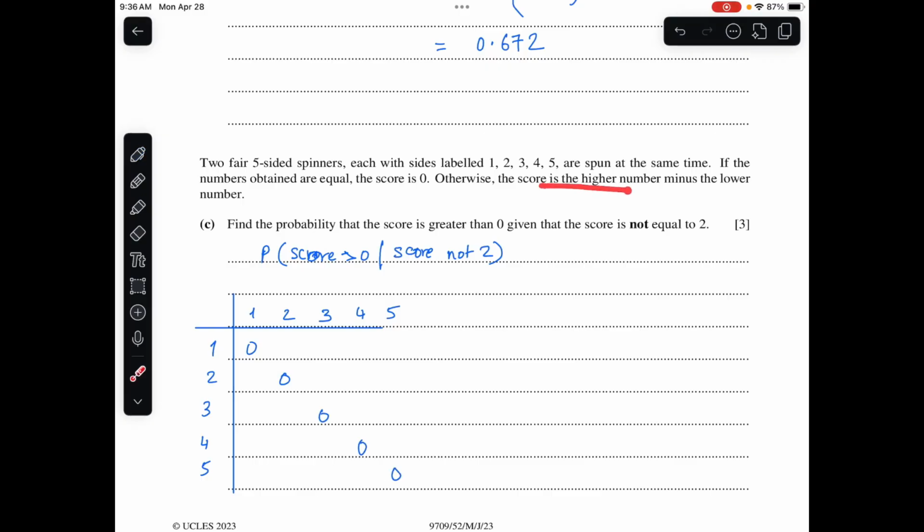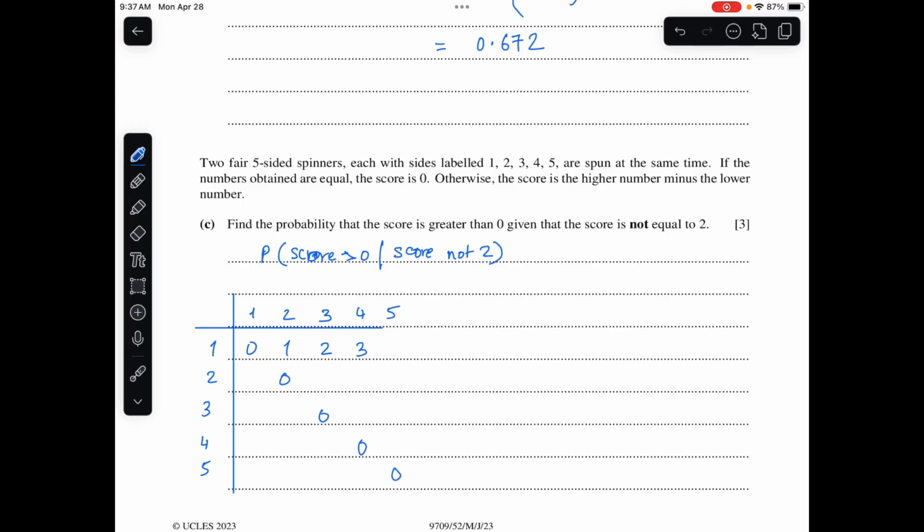Otherwise, the score is the higher number minus the lower number. So for example, for 2 and 1, it's going to be 2 minus 1, which is 1. Then 3 minus 1, 2.